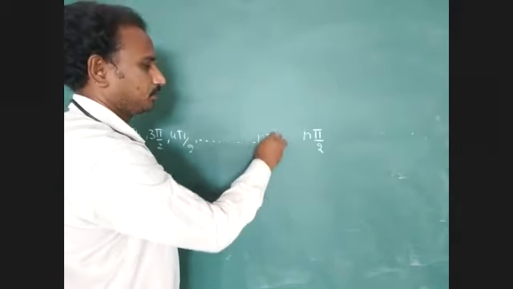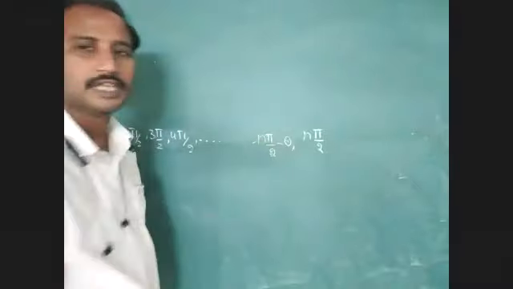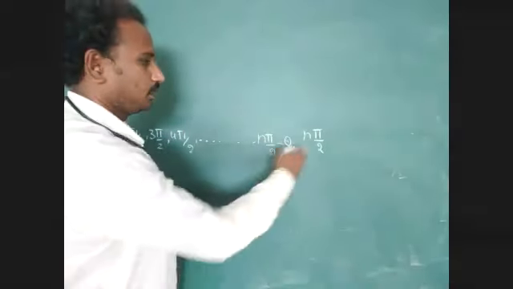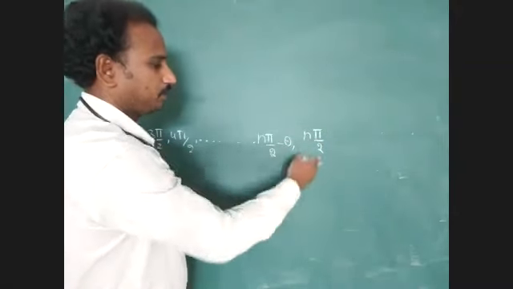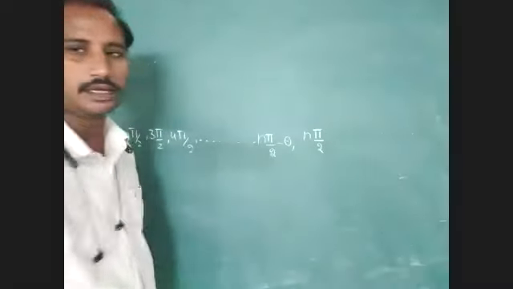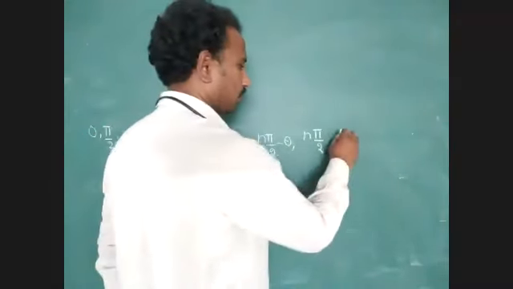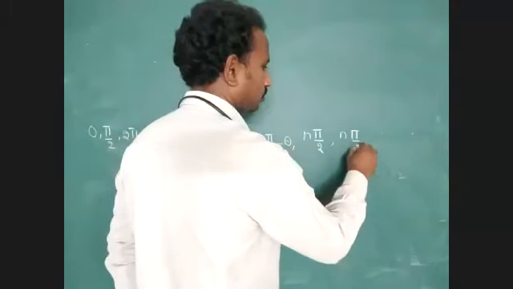N pi by 2 minus theta. Okay, so here we have to identify the value before n pi by 2: n pi by 2 minus theta. The value more than n pi by 2 is n pi by 2 plus theta.